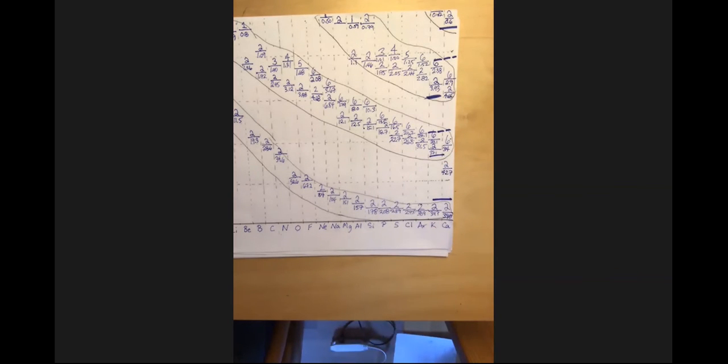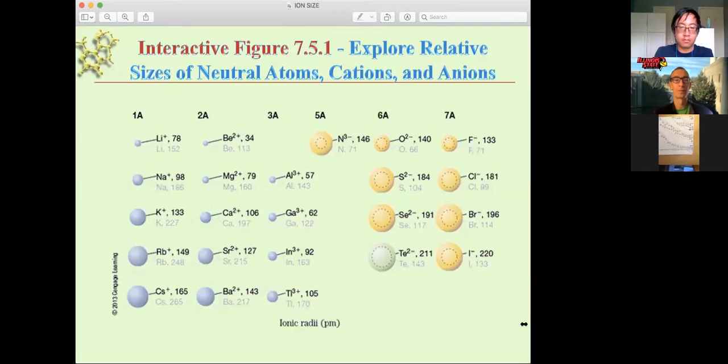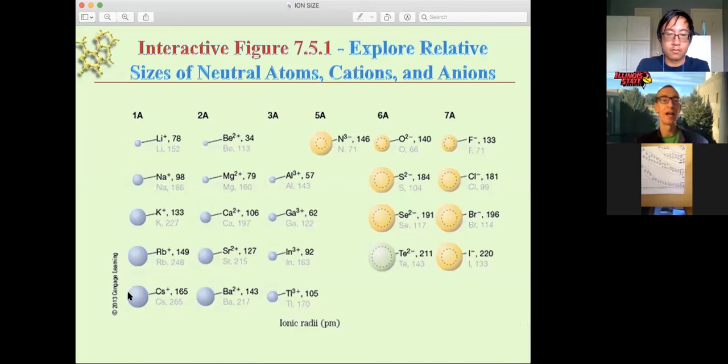So if we go back to the chart from the text again, going down a group on both the metals and the non-metals, the ion sizes increase, and going across a row, the metals get smaller, the ions get smaller as we go across, and then we get a big jump once we get to the nonmetals, and then they start to get smaller again.